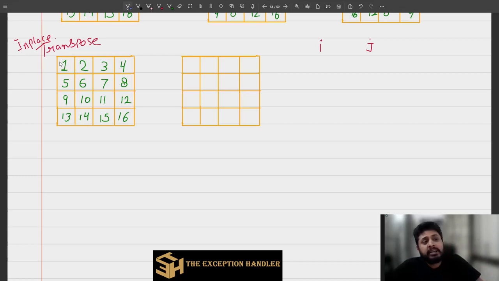So this is my 0 comma 0. For my 0 comma 0, I'll write all the possible indexes first, and then we'll try to figure out what is the error in that.